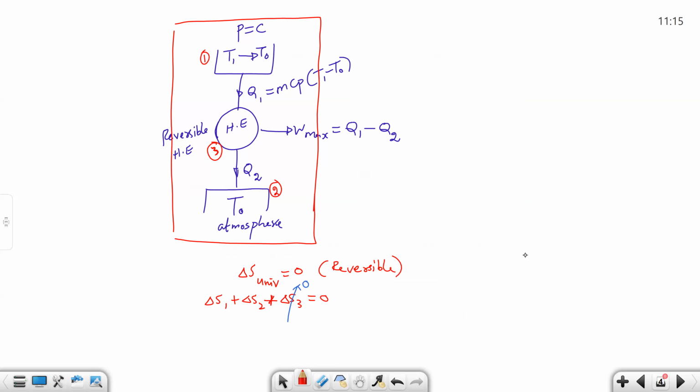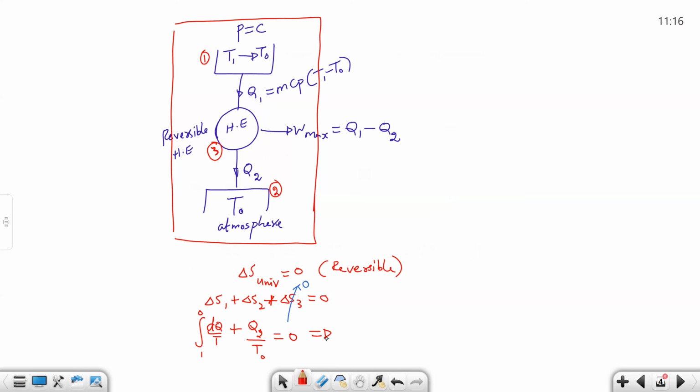Entropy change for 1 is the integral of dQ by T from T1 to T0, plus delta S2, which is Q2 by T0, because reservoir 2 is receiving the entropy, so positive.